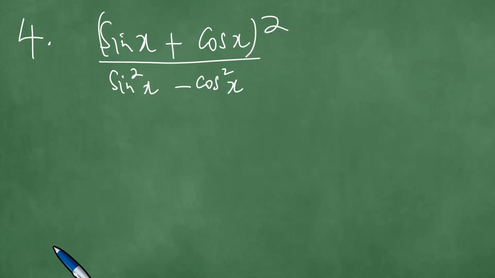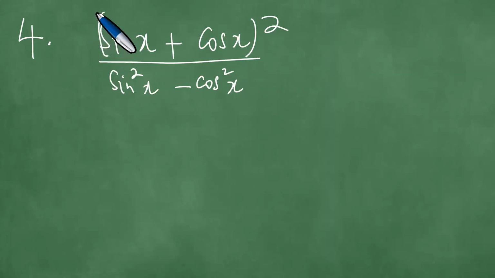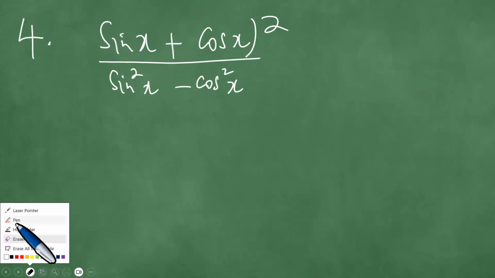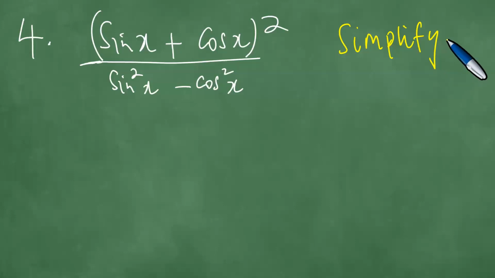Now we have this, but what do we do here? This is an exercise, so we need to simplify these. How do we simplify these? Anyone?